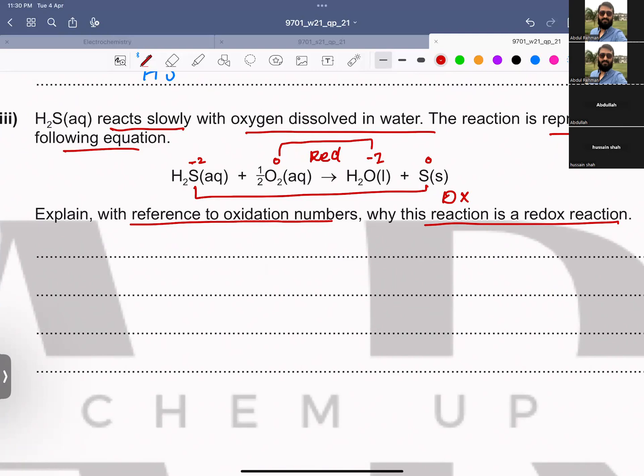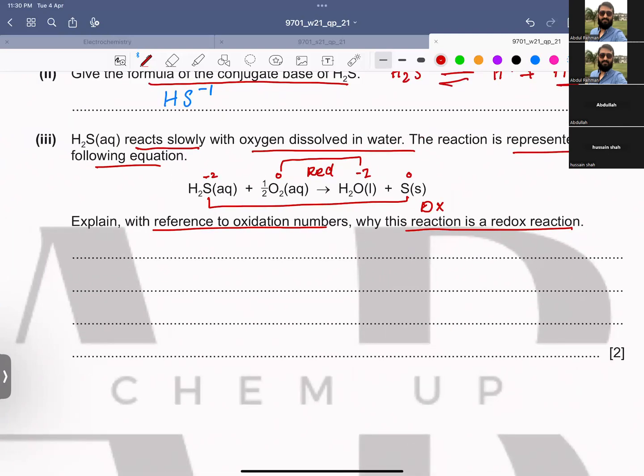Okay. Now I will state that the oxidation number of sulfur changes from -2 to 0 as it is increasing, so here it is oxidation.